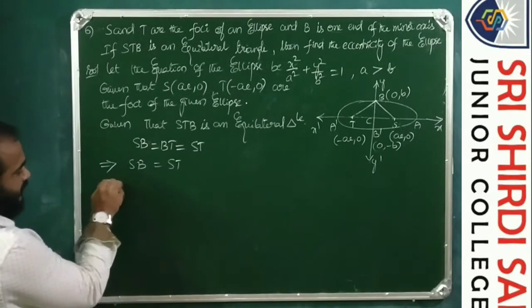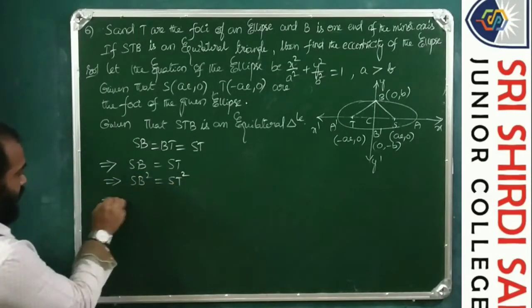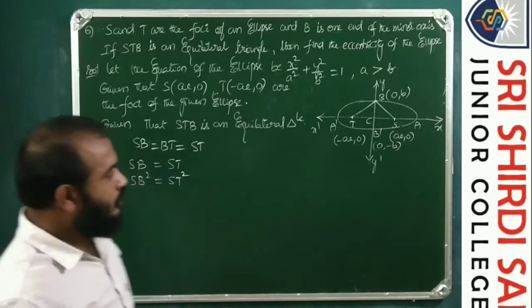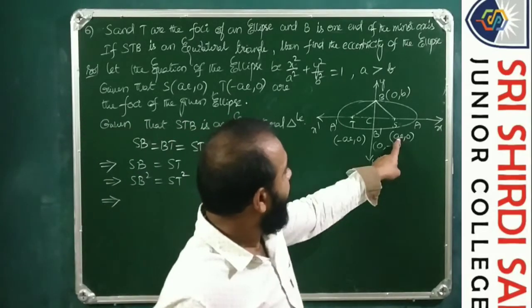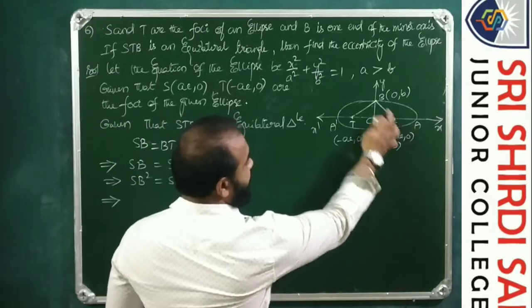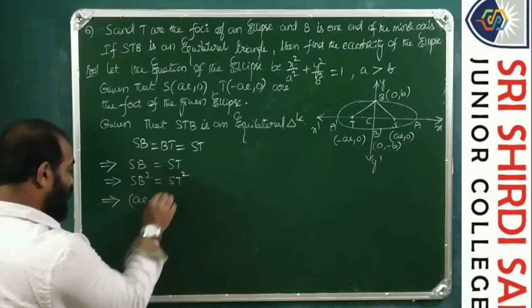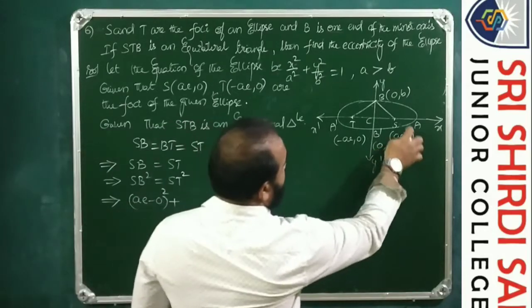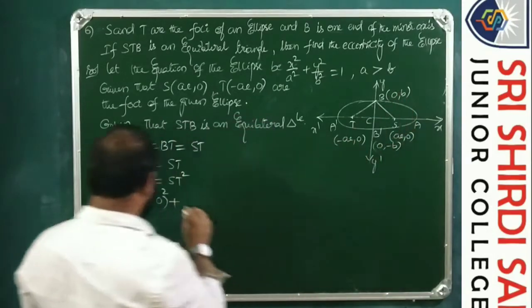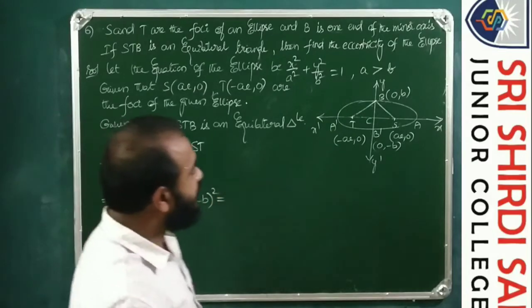Squaring on both sides, SB square equals ST square. SB square is nothing but ae minus 0 whole square, the distance between the two points S and B, plus 0 minus b whole square, is equal to ST square.